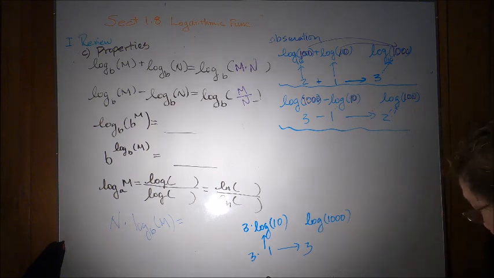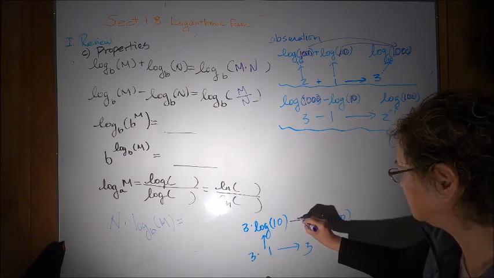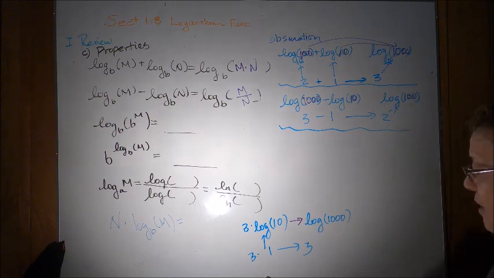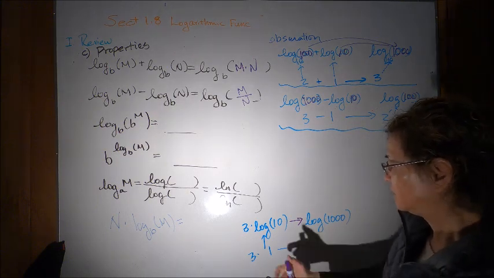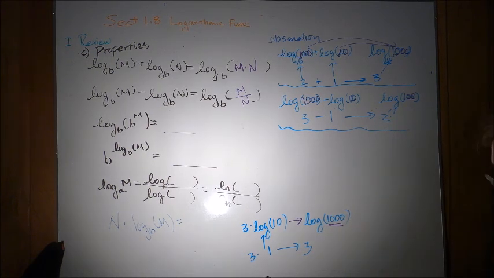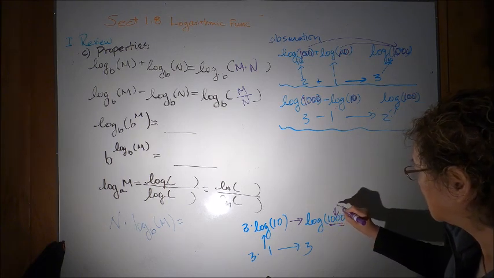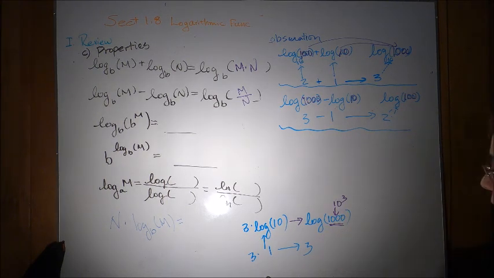Right? So to get a 3, and from here, we wanted to have a single log. But from those numbers, 3 and 10, how can I get inside to become 1,000? It's the same thing as 10 to the third power, right?